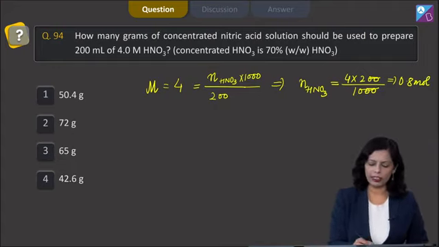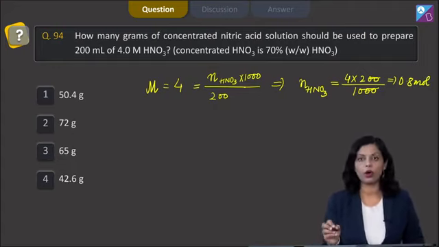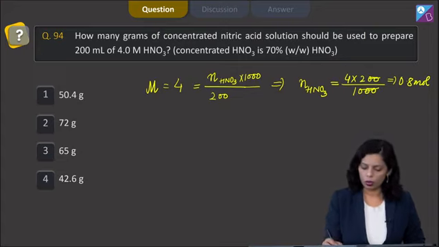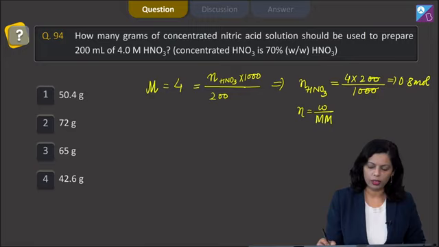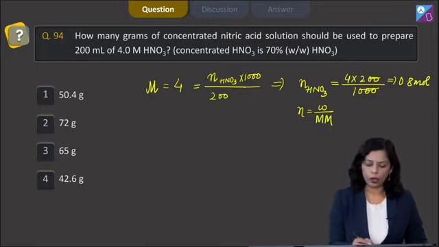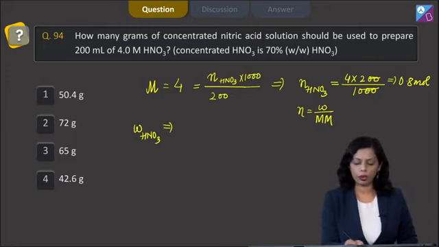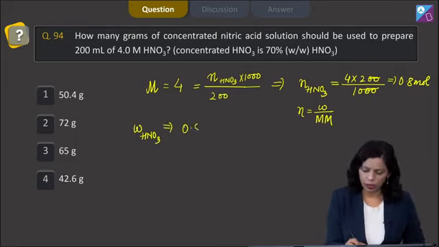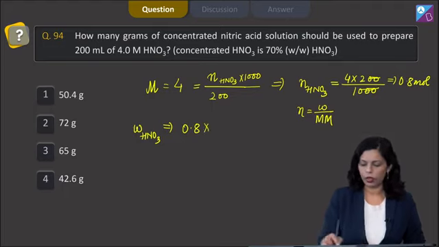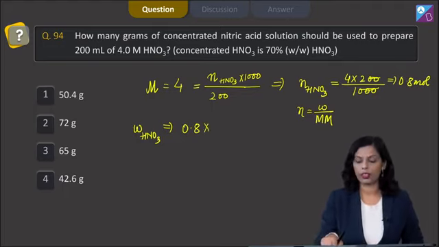Now simultaneously, if someone asks me to find out the weight of the HNO3, so moles is equal to given mass by molar mass of the substance, right? So what would be the weight of HNO3? With the same expression I'm going to take. So weight of the HNO3 would be number of moles, those we calculated, 0.8 into molar mass of HNO3.